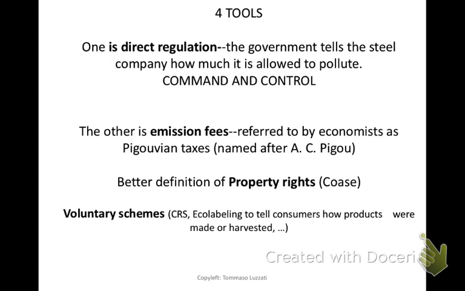So we said that we need to separate the tools and targets. But actually in environmental economics books, they are put together. They are mixed. They are not very well distinguished. And the reason is that, of course, with direct regulation, the problem of the target is not tackled. But for taxes, usually economists suggest using Pigouvian taxes, that is, choosing taxes equal to the social marginal costs.